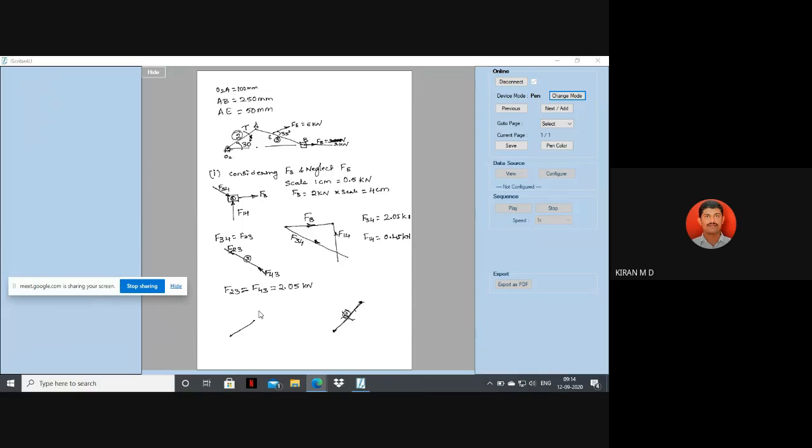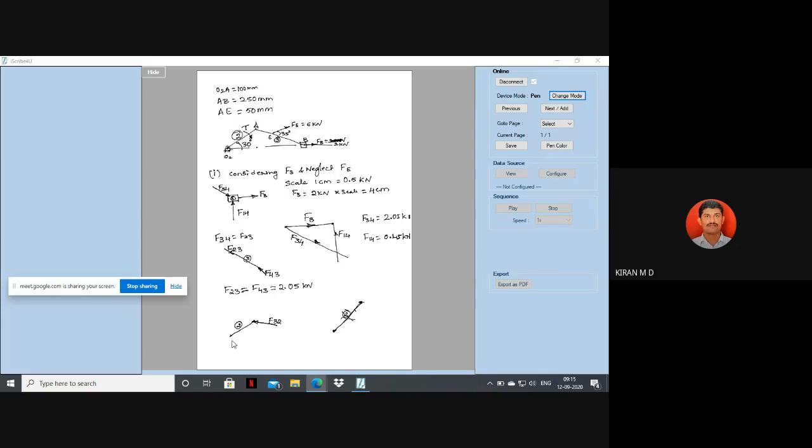Okay, so now what is the direction? So this is the direction. Approximately I'm taking this direction. So this is the direction of F32, because this is link 2. From link 3, the force is acting. Similarly, we require the opposite force.